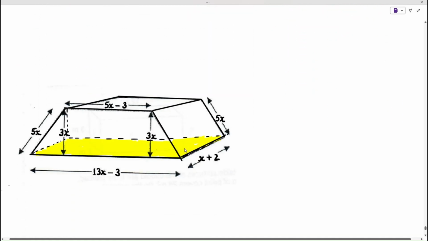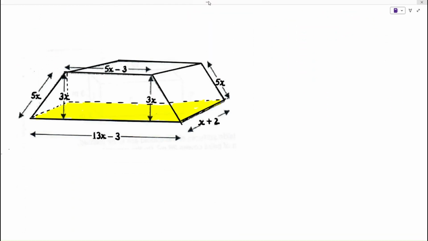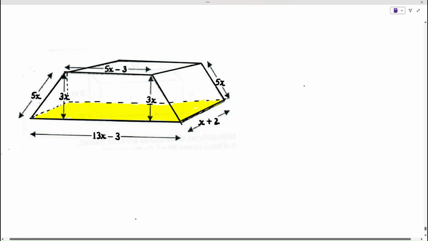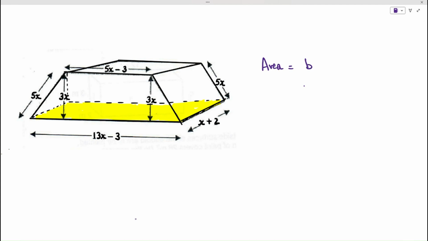Now, moving on to our next side, we have the base. For the base, we once again have a rectangle, and as always, area of a rectangle is equal to base times height.